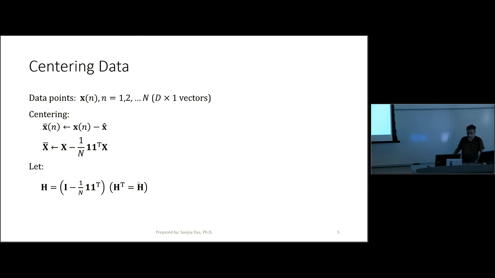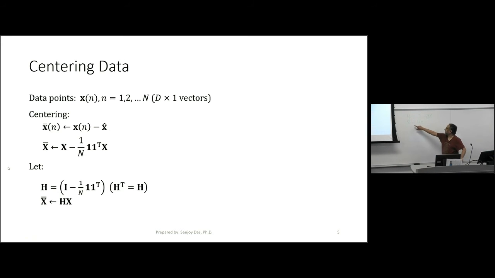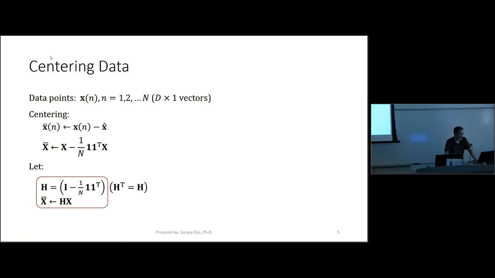Okay, so this is my H, and X bar is equal to H times X. I hope it's visible. It's not visible there, but anyway, X bar, the centered data matrix, is H times X. So these are two important expressions.